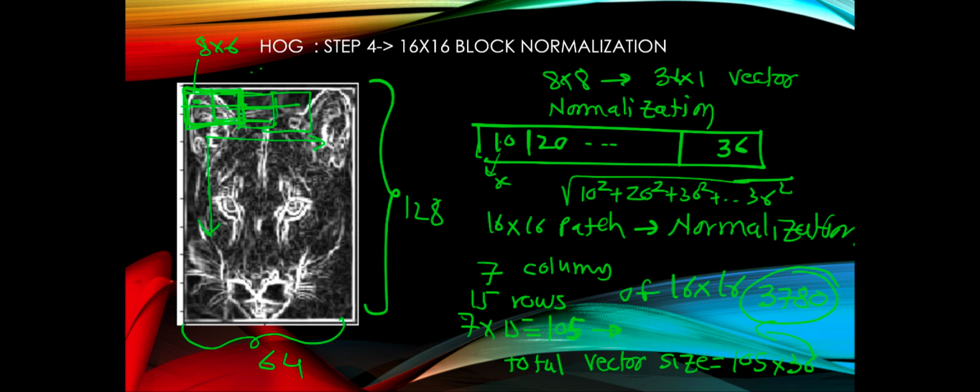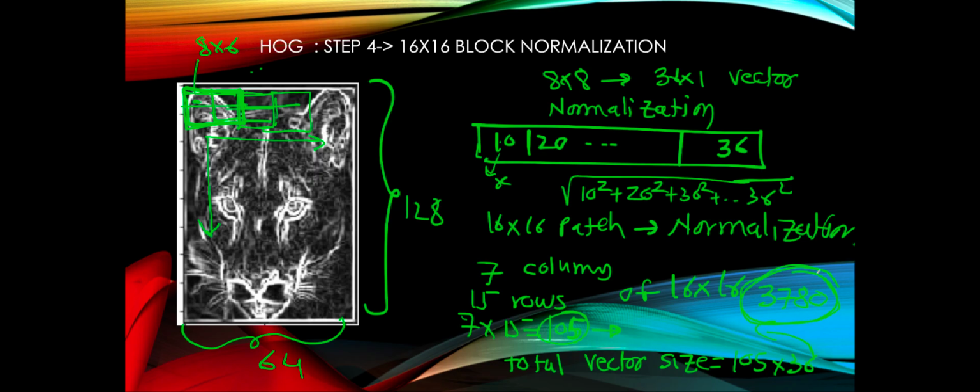So we end up covering 7 16 by 16 patches in the horizontal direction and 15 in the vertical direction. So there will be 105 patches total, and each patch maps to a vector of 36 that we saw, and the total number of dimensions for the final vector will be 105 into 36, which happens to be a 3780 vector.